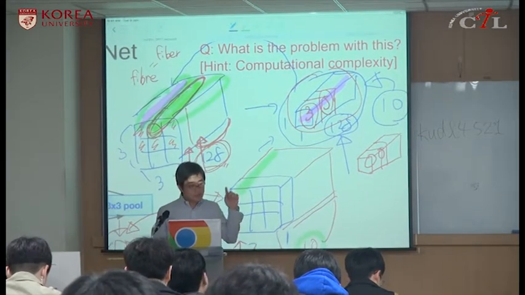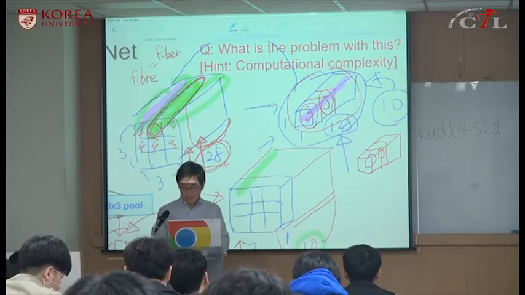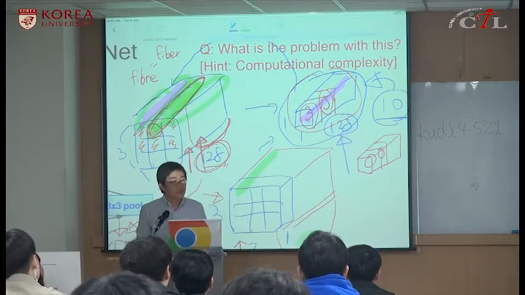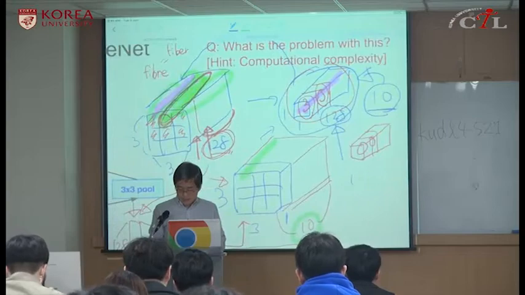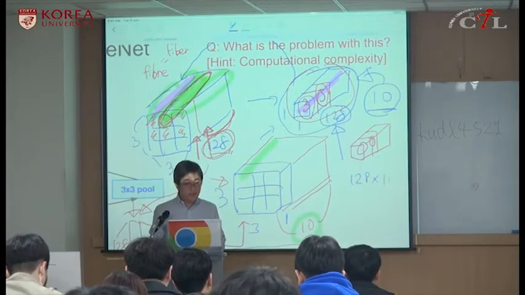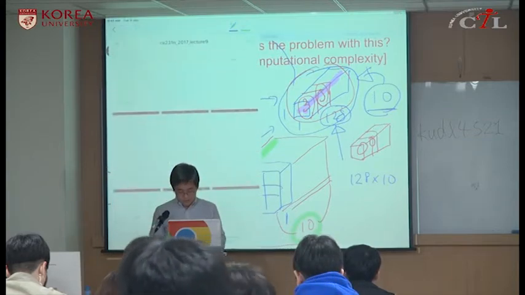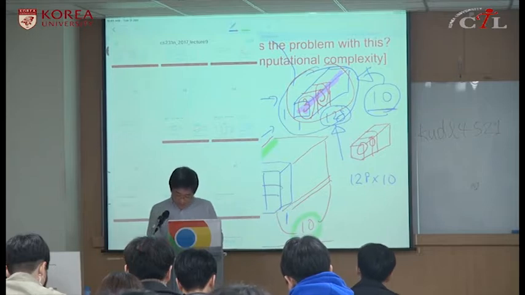And then this one is the number of parameters required for one channel, and now we need 10 different channels, where 10 is the output channel. So our parameter will be just 128 by 10. Okay, so this is the total number of 1x1 conv filter parameters, or 1x1 conv layer parameters.